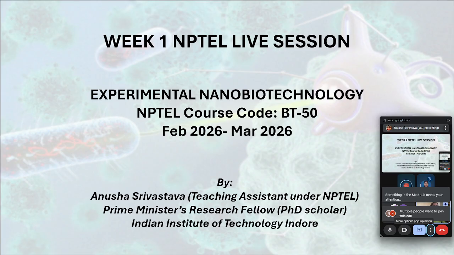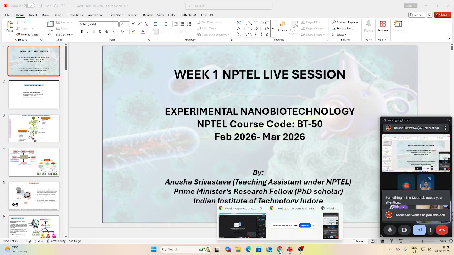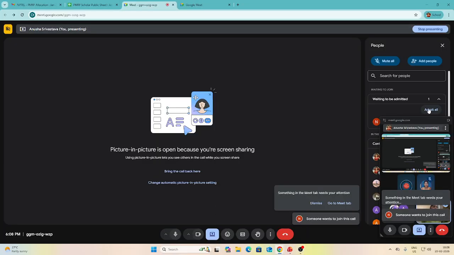The sessions will be on Friday, Saturday, and I think Monday, 6 to 8 p.m. There would be live sessions so that you can join. Otherwise, usually they resolve these issues over mail only. But if it's not possible or it's getting delayed, then you can join the session Friday, Saturday, 6 to 8 p.m.